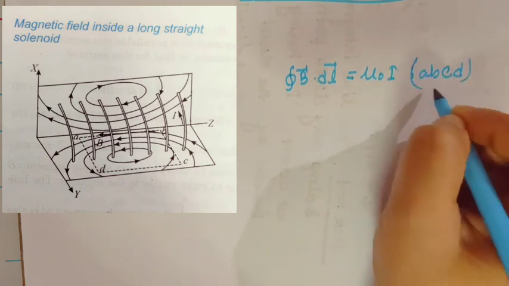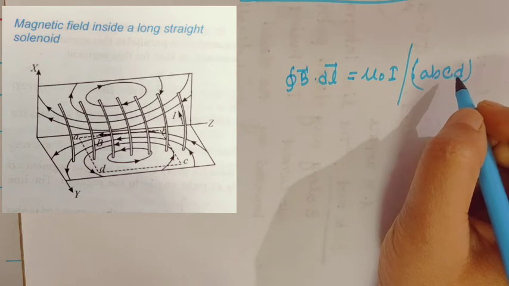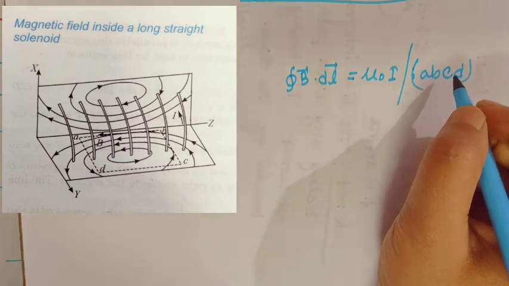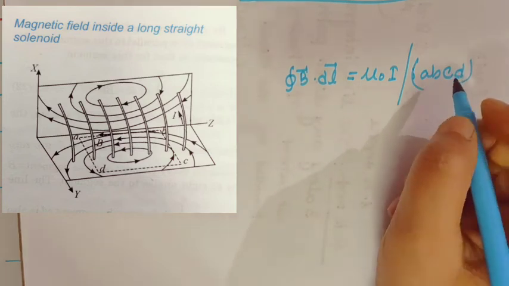ABCD. If we apply Ampere's law to the rectangular path ABCD, we write the integral B dot dl as the sum of 4 integrals, one for each path segment.